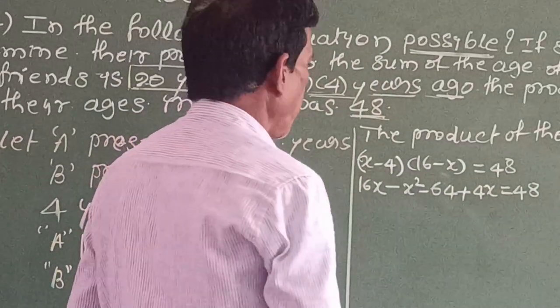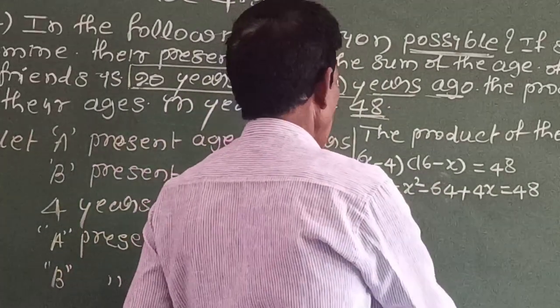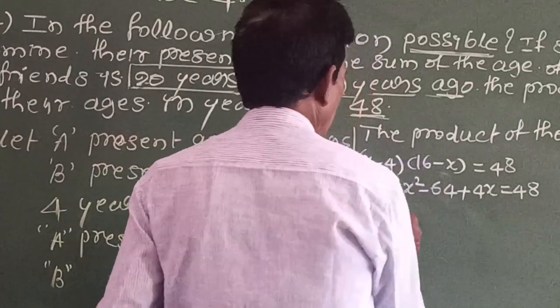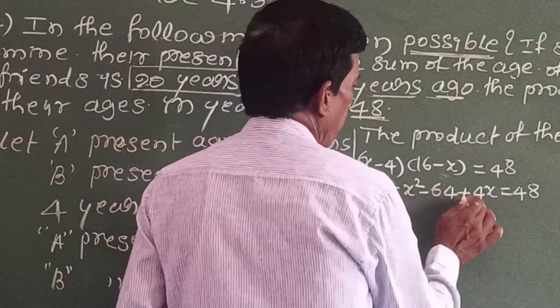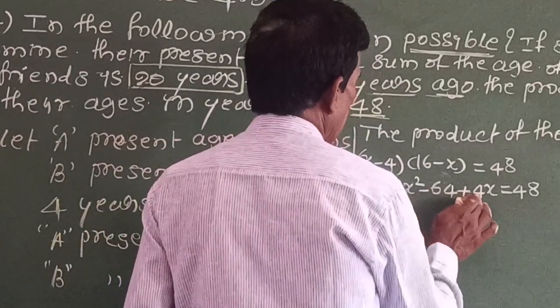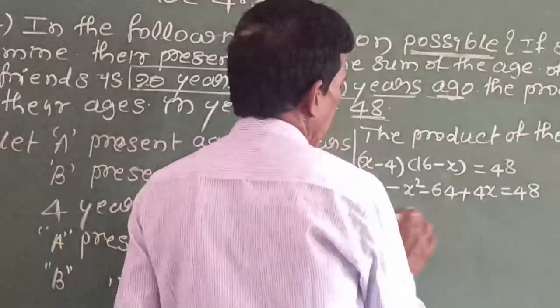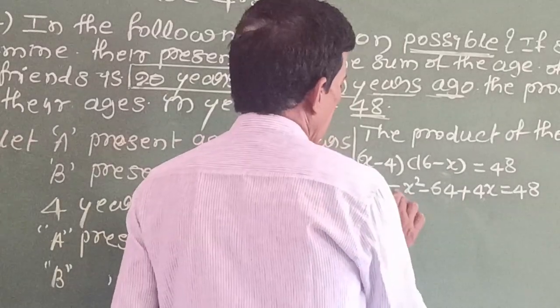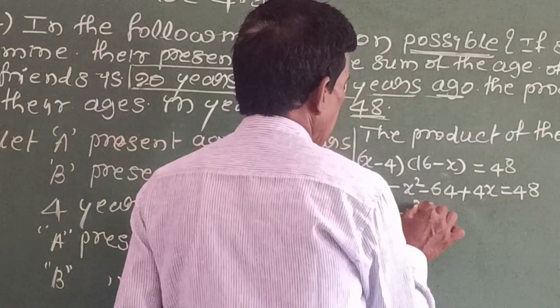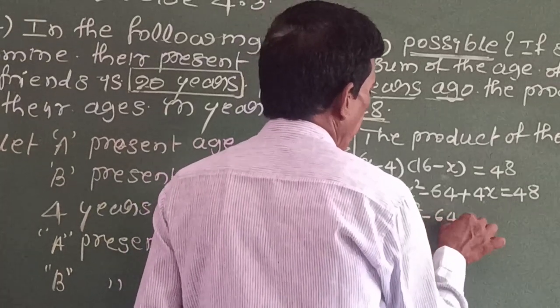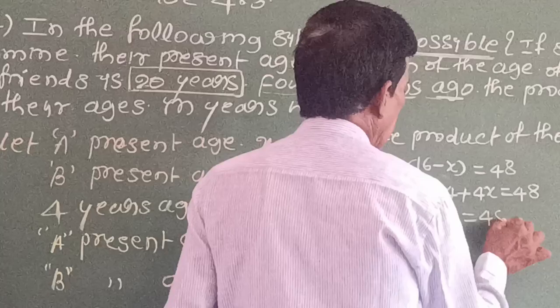So therefore, that point to the transfer, and once again 16X plus 4X is 20X, remaining minus X square minus 64 equal to 48.